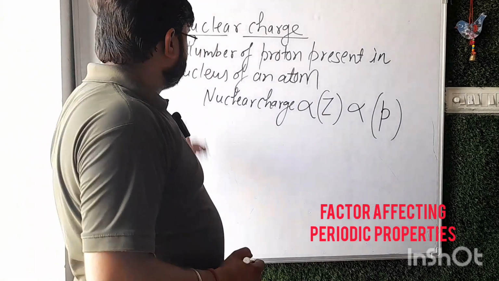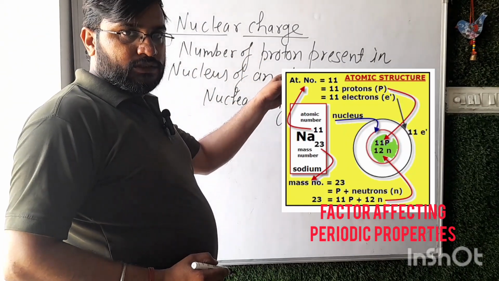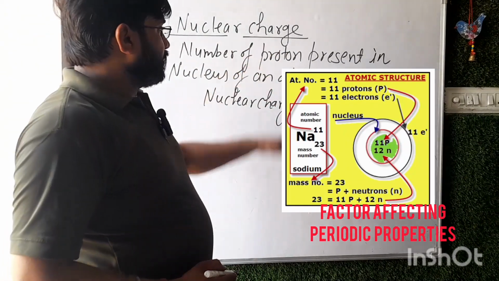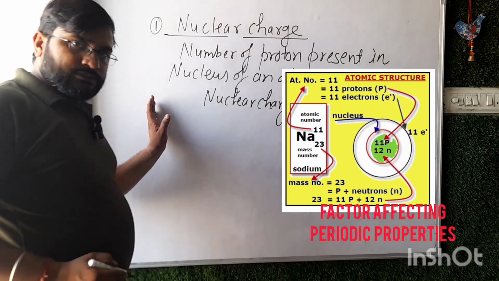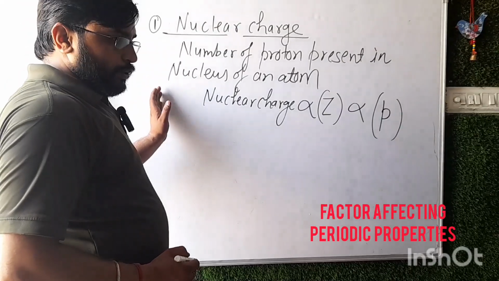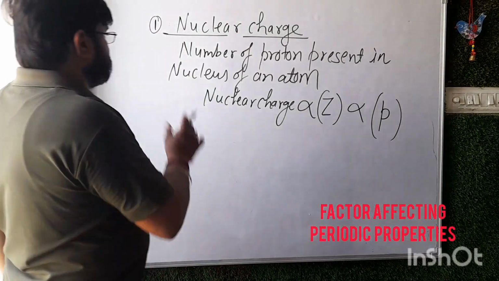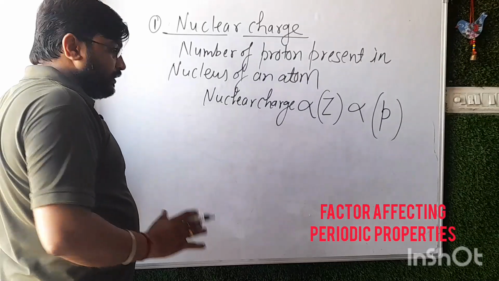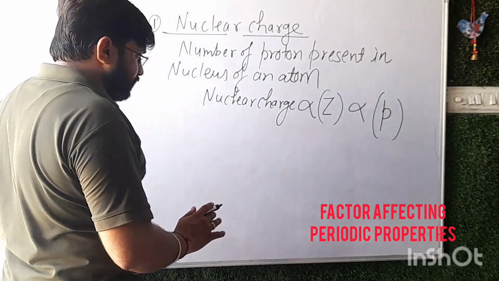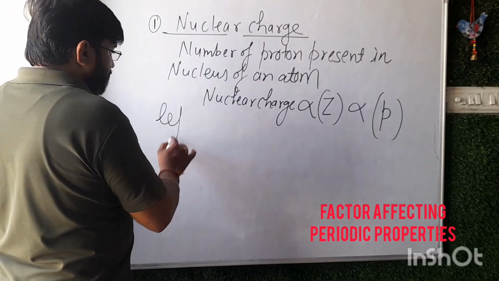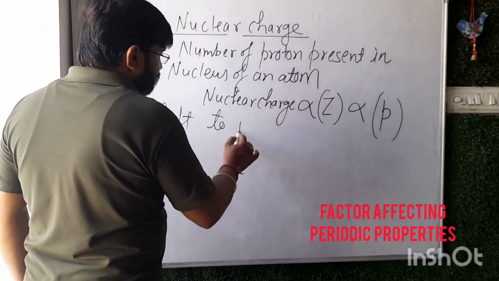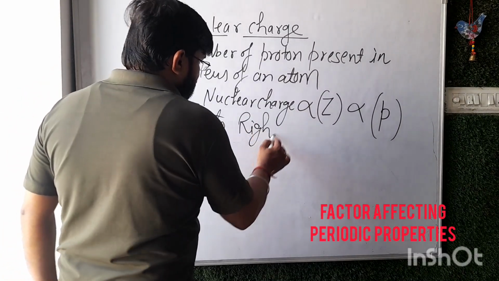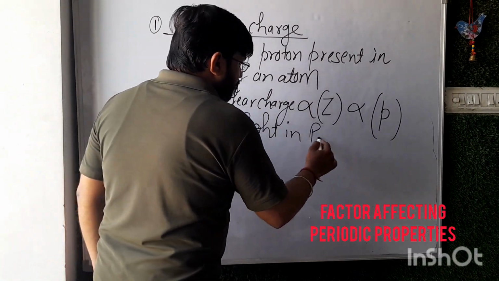So it is the first governing factor which governs the periodic property, and it is dominating along the period when you move left to right in the periodic table.